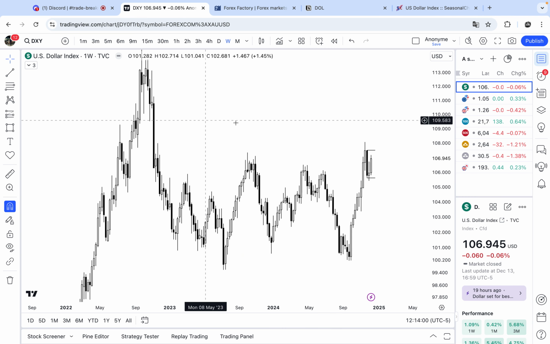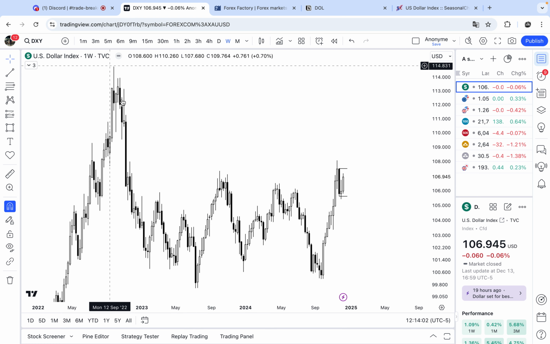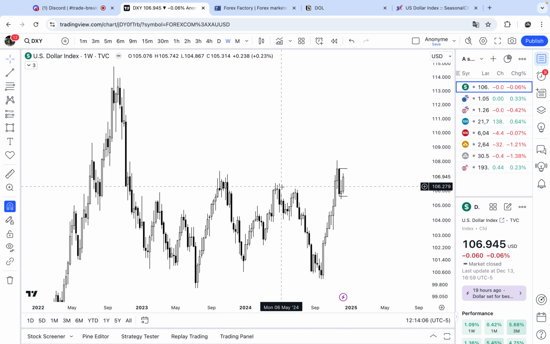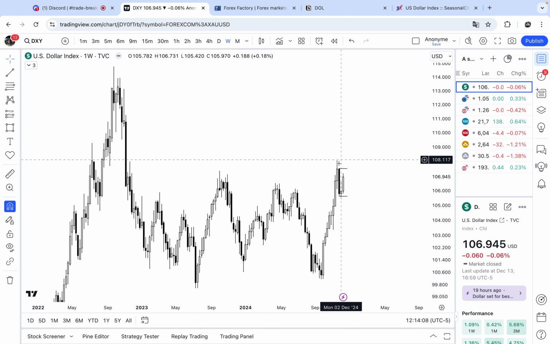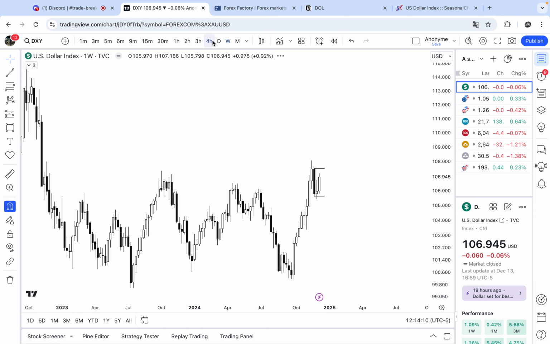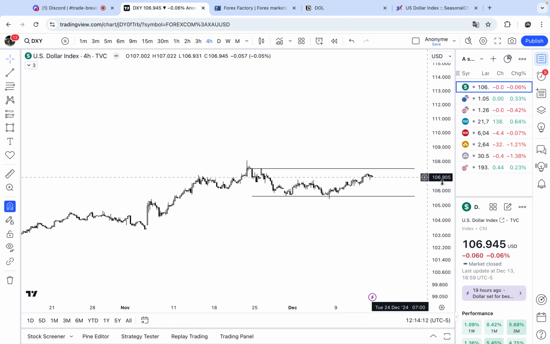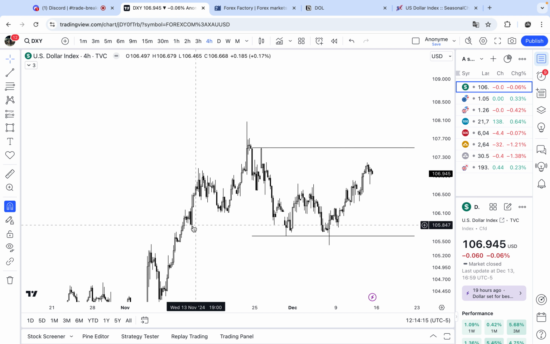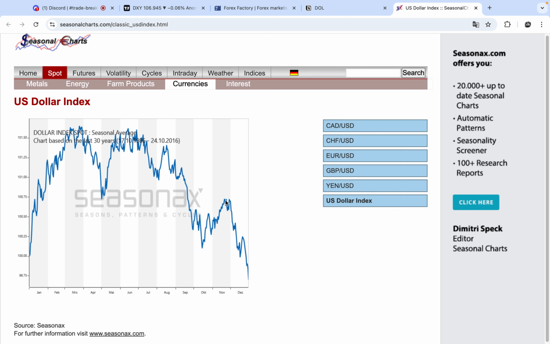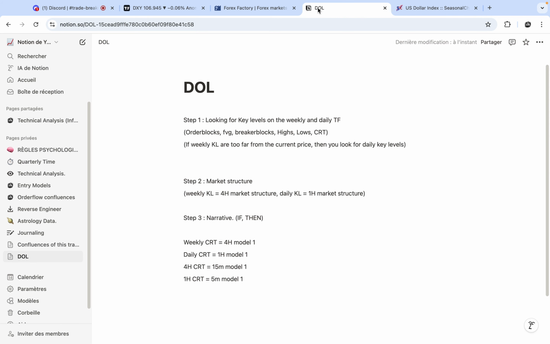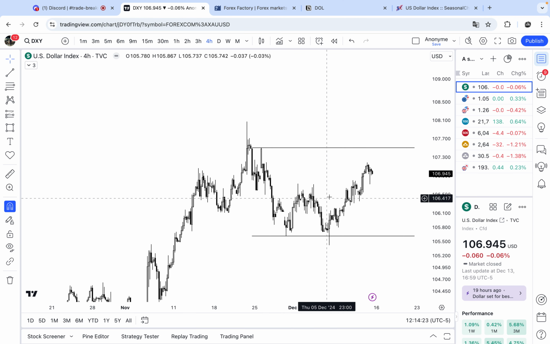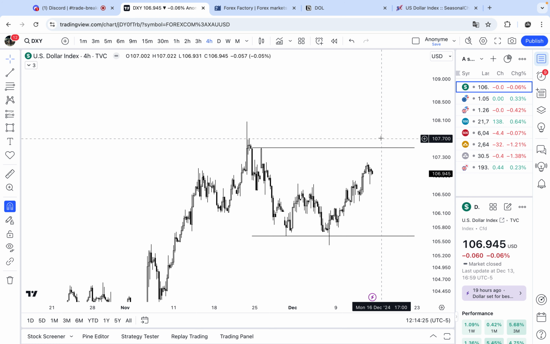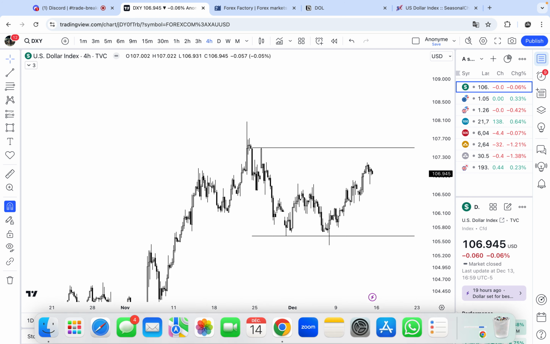One touch, two touch, we took it up, and on the 4 hour, this is the first point right here. The second point will be here, and then after that it's gonna dump.